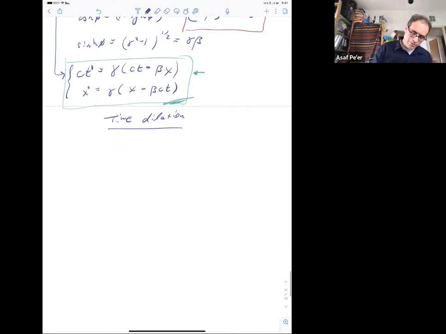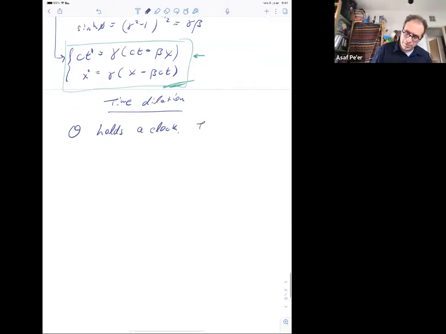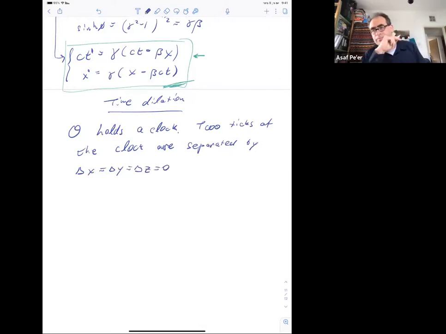Okay, so I'm an observer, O, who holds the clock. Now, two ticks of the clock are separated by delta x equal delta y equal delta z equal to 0, from my perspective.